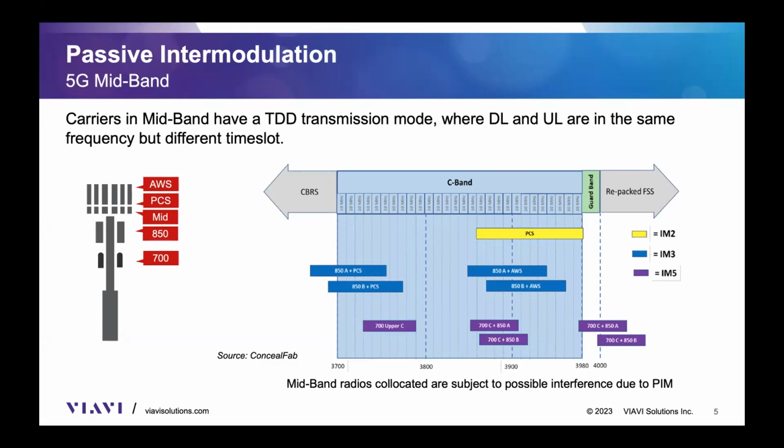This is an example that we got from one of our partners, ConcealFab, and as you can see, the different combinations of intermod products that might be landing on C-band. So it is important to check and verify that on all those sites, the low band carriers are not transmitting any PIM products.